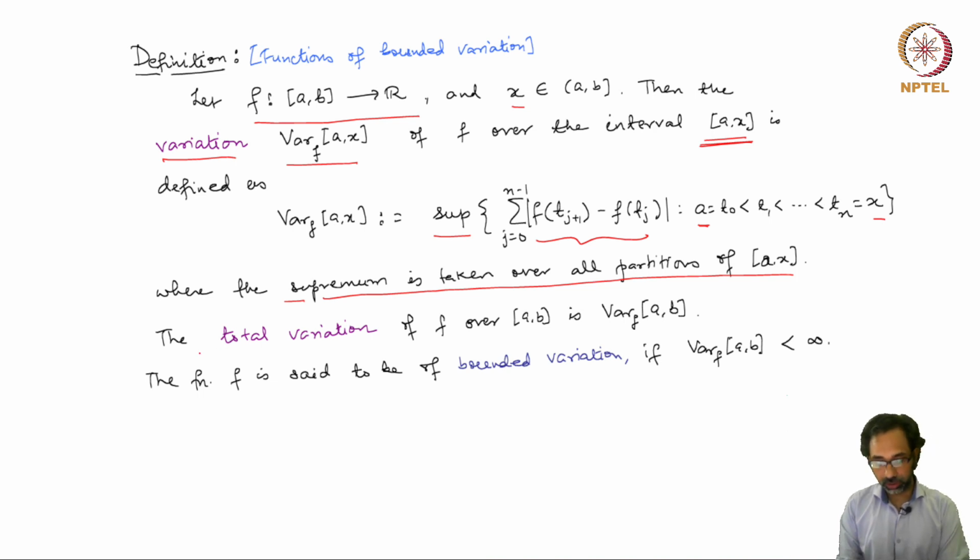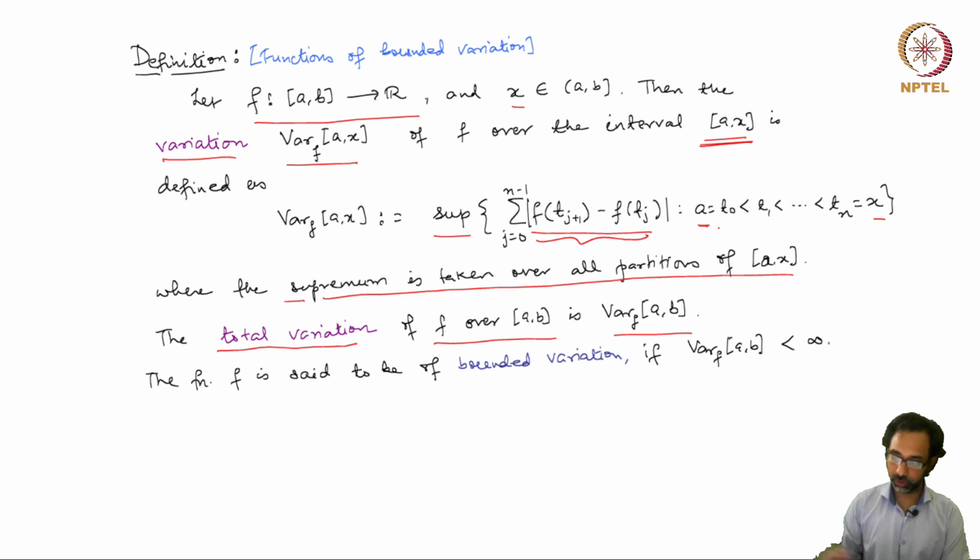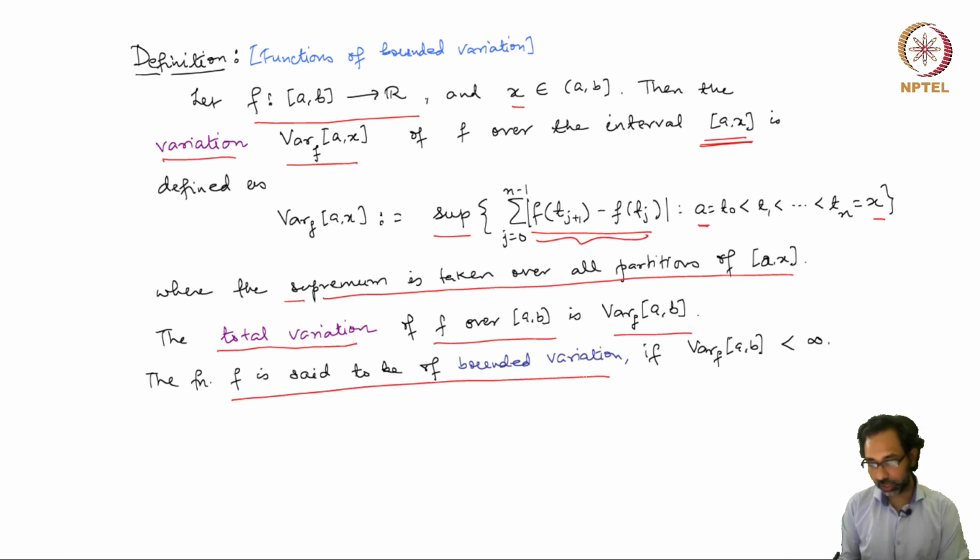And now the total variation of f over the whole interval a b is simply defined to be var f a b. So again you take the supremum over all partitions of a b and you take sums of the form f t j plus 1 minus f t j, summed over the endpoints of your partition. Finally, the function f is said to be of bounded variation if the total variation is finite. So this is the definition of a function of bounded variation.